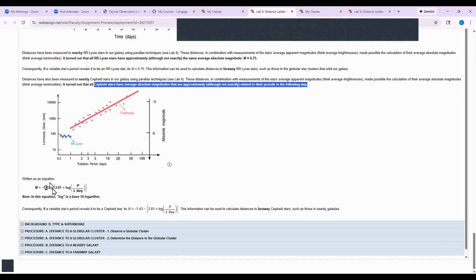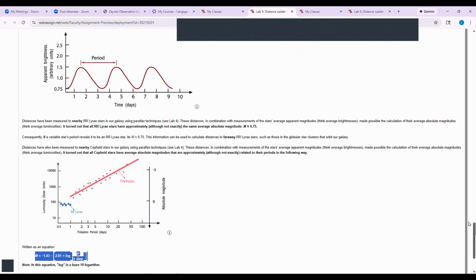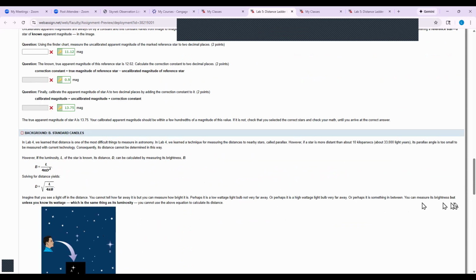Because of that, this equation was developed by astronomers after Henrietta Leavitt, who discovered it in 1912 at Harvard College based on the investigation of variable stars. If we know the period, we can get the absolute magnitude. And when we have the absolute magnitude, we can go back to that formula here.